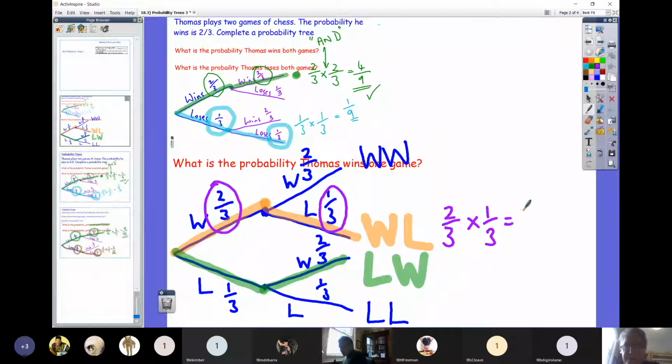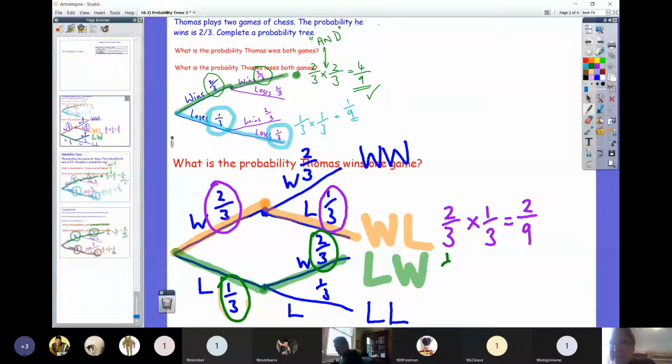However, there is another way that he can win one game. He could lose the first game and then win the second. That is also a probability that he wins just one game. So we also need to consider the green route. So that's a third times 2/3, which is also 2/9.